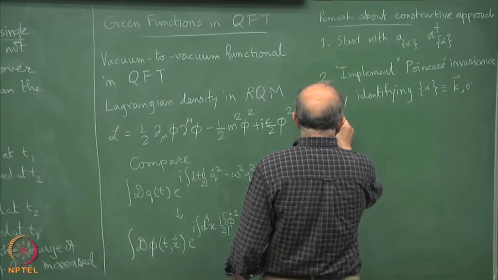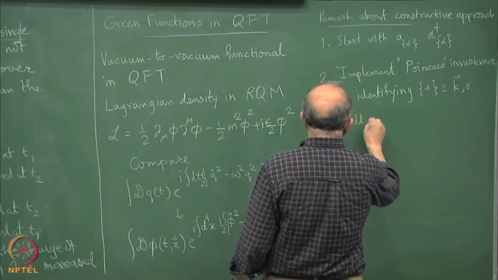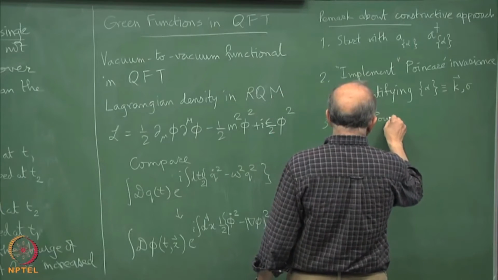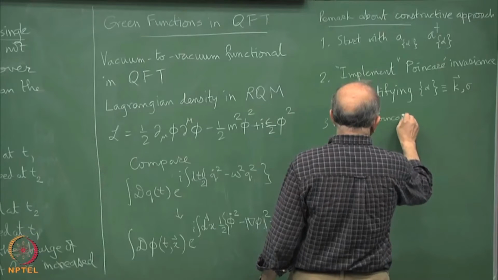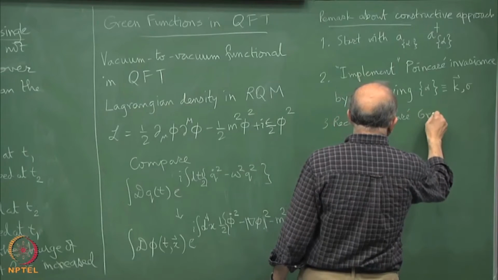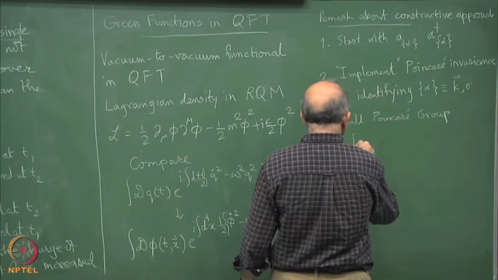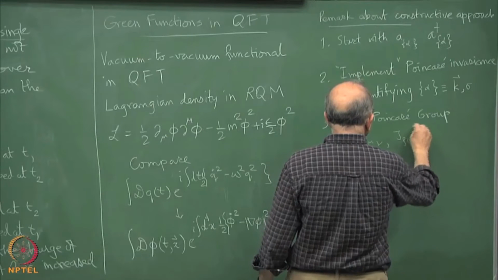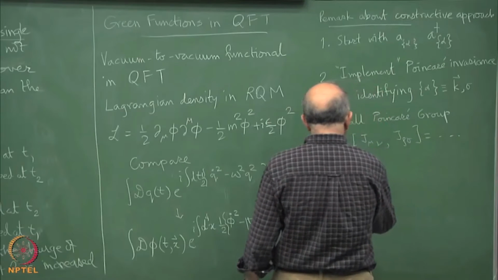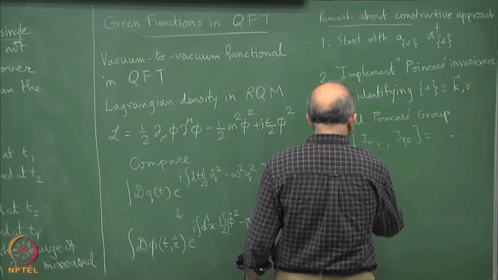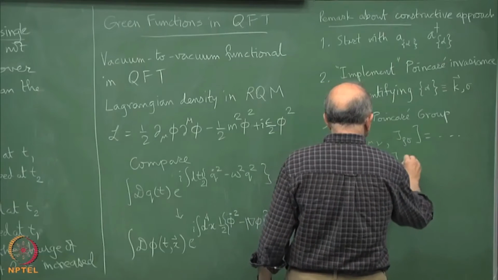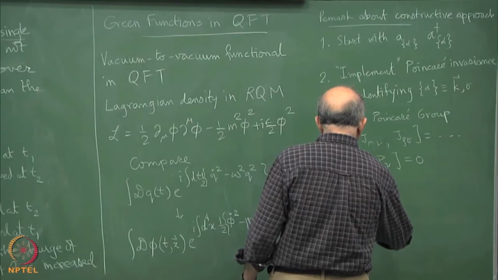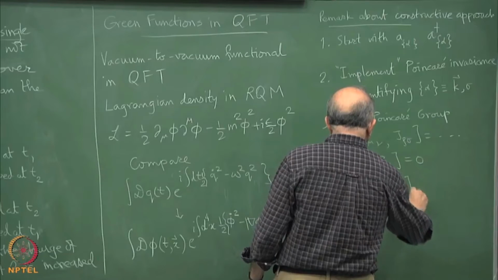Well, recall in Poincare group we have all the J mu nu J rho sigma commutators, and it also has the P mu P nu, and this is equal to 0, and we also have J mu nu P rho commutators.